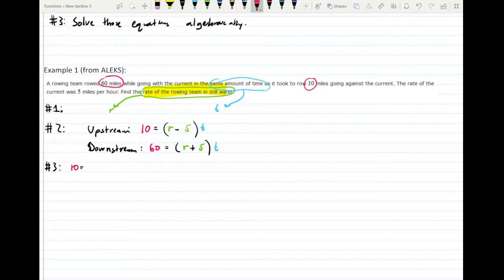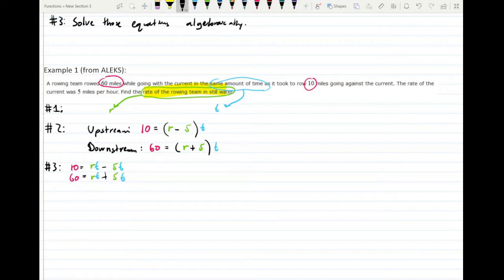So what that leaves us with is 10 equals r times t minus 5 times t, and 60 equals r times t plus 5 times t.